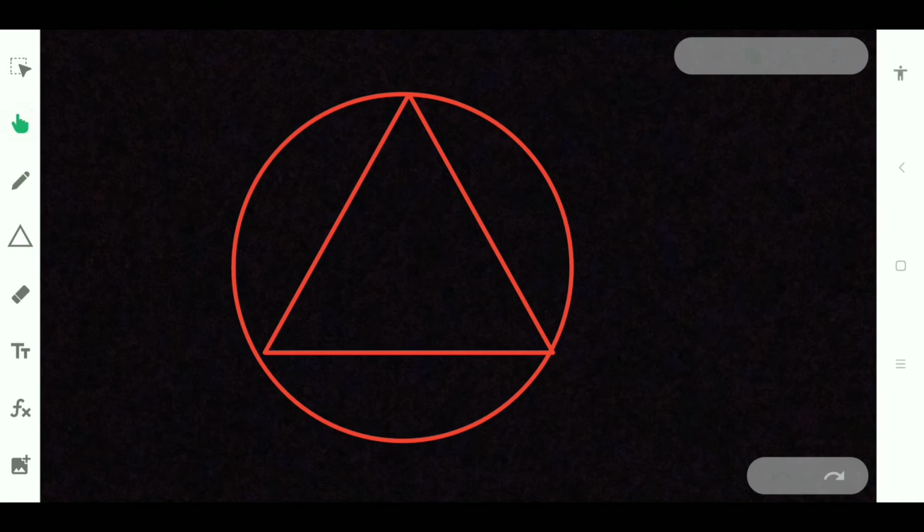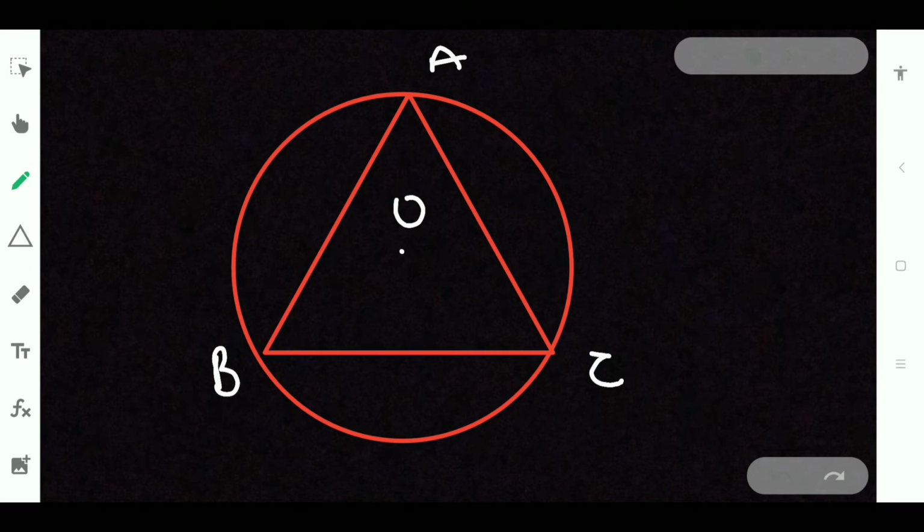This is actually meeting over here, but I am drawing roughly in order to explain it to you. Let us name it ABC with center O.